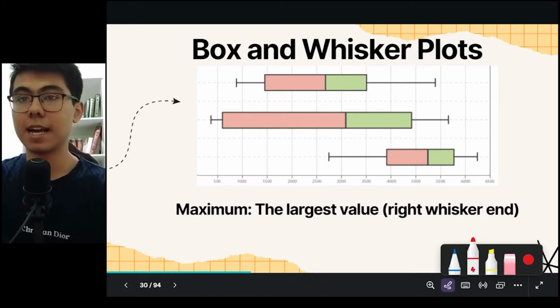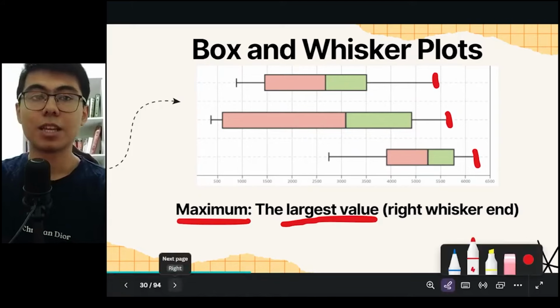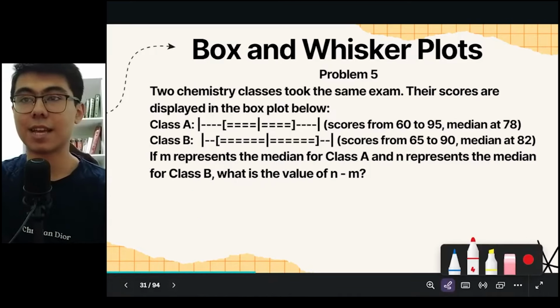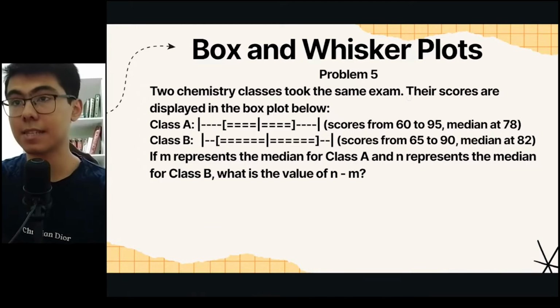Next up, we have the maximum value, and it's considered the largest value, and these are the maximum values. So now let's have a look at the question. Here we have two chemistry classes, and they took the same exam, and here are their scores.